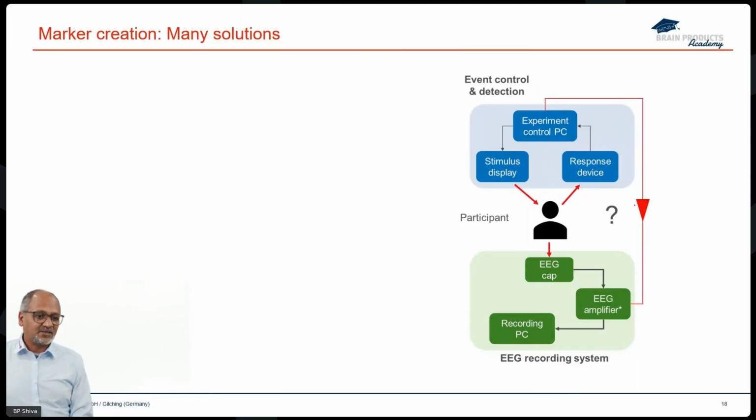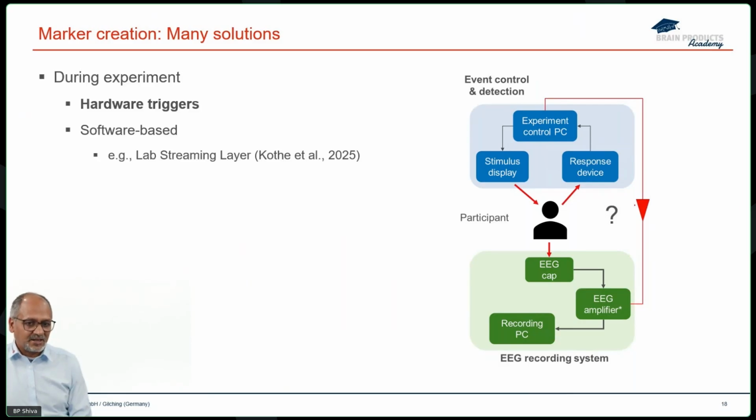And there are many solutions to this problem, depending on your experiment and the technological characteristics involved. One approach is to record event information during the experiment, and hardware triggers are an important strategy to this end. There are also software-based approaches such as the lab streaming layer, which I will not say much more about here today.